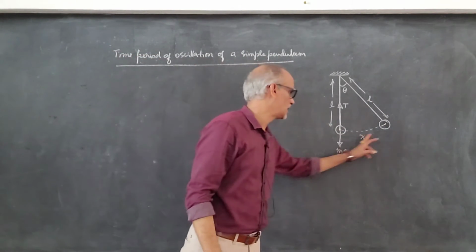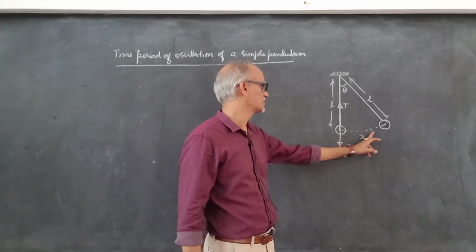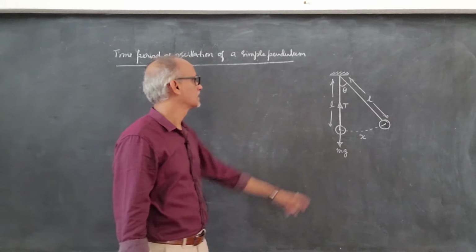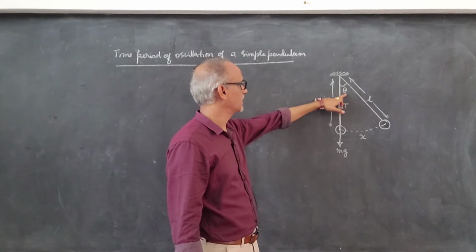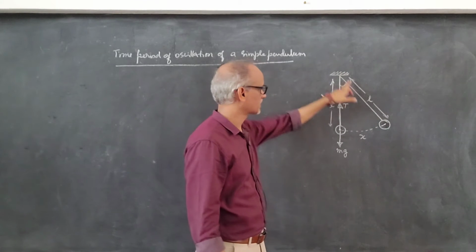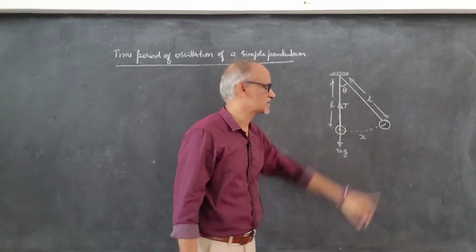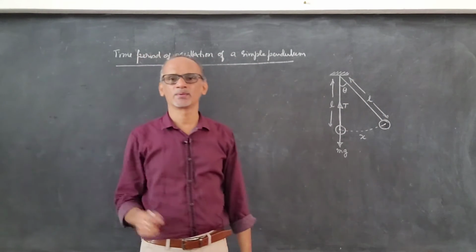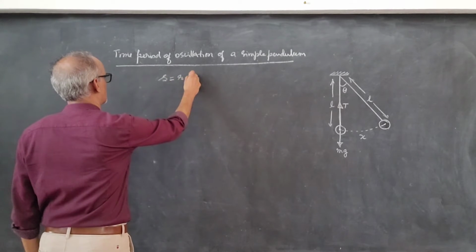So this is the arc length, which is x. Then we have theta here, which is the angle, and L acts as the radius of the arc. So what is the relation between the arc length, the angle, and the radius of the arc? We know S is equal to r theta, correct?